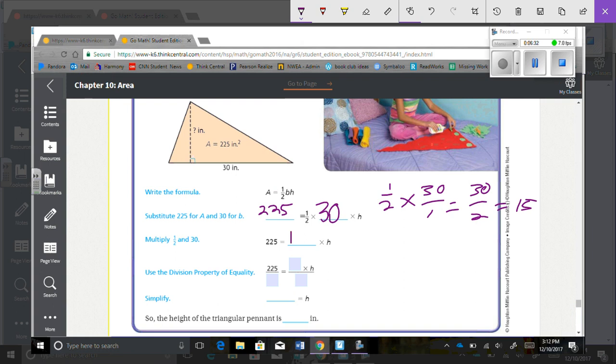So we're going to leave that as a 15. And then we're going to use the division property of equality. So we're going to divide both sides by 15 to get rid of that 15 so that h is over there by itself. So 225 divided by 15 is 15. So the height of the triangular pennant is 15 inches.